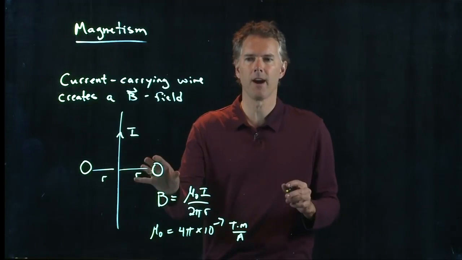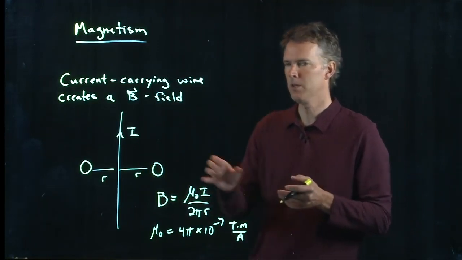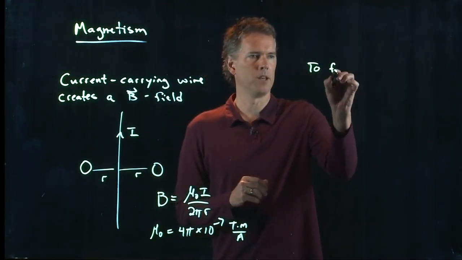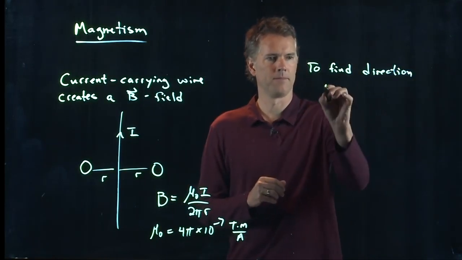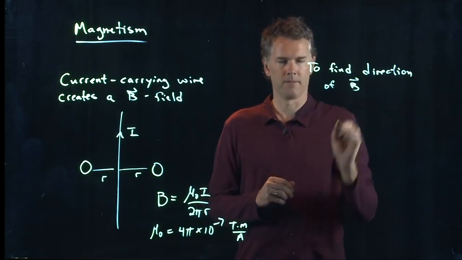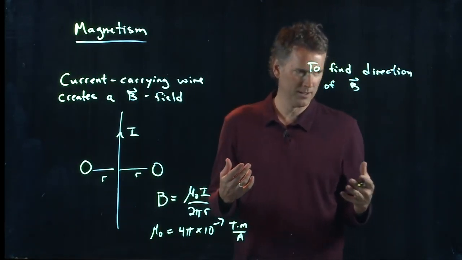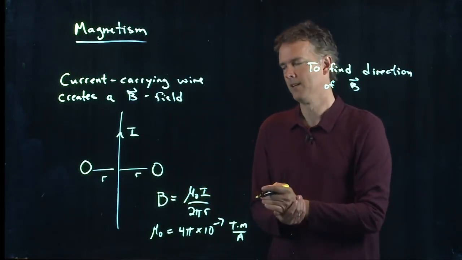But now we need to figure out the direction of the B field. Okay? How do we determine the direction of the B field? Anybody remember? I know, we talked about it all of yesterday ago, which seems like a long time ago, especially since we had a midterm yesterday.